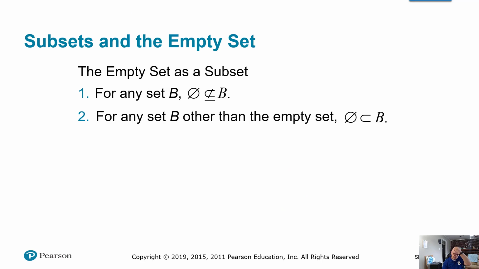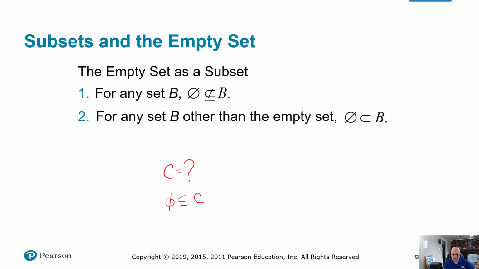Next, the empty set as a subset. No matter what set you have, the empty set is always a subset. Even if you don't tell me what your set C is, I can still tell you that the empty set is a subset of C, no matter what your set C is.